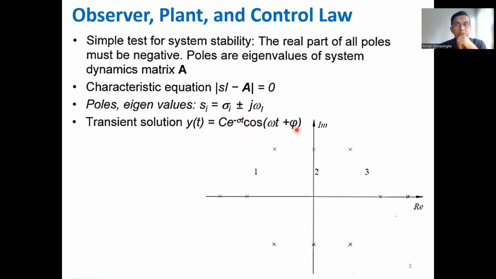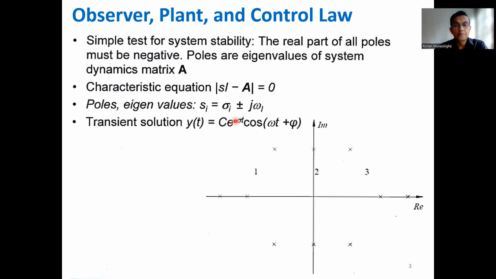Sigma is the negative of the real part of the eigenvalues, or the closed loop poles. With the negative sign in front, the whole exponent is negative.